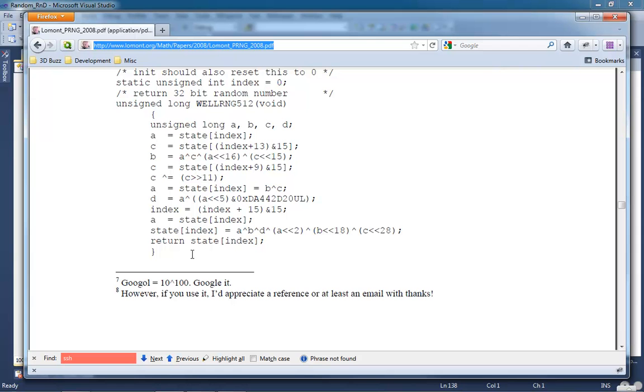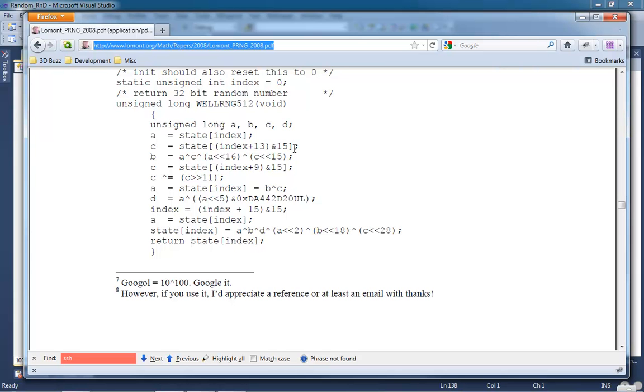But from everything I've read and everything I've tested, it looks like this Well 512 is going to be pretty much everything that we're going to need as far as a pseudo-random number generator for testing purposes. That could change, who knows, but this is R&D, and this is the one that we're going to go with.